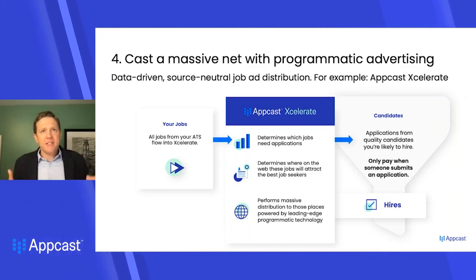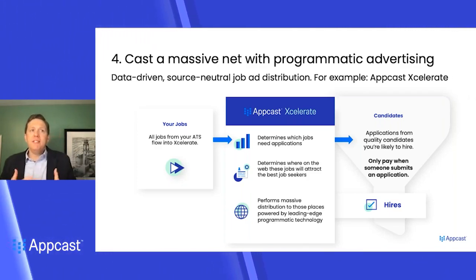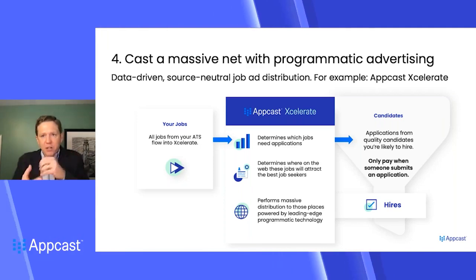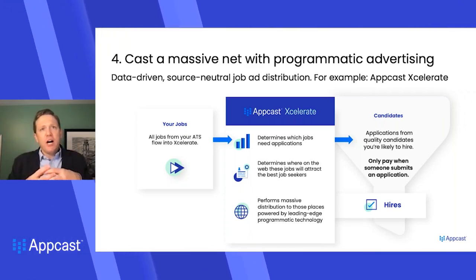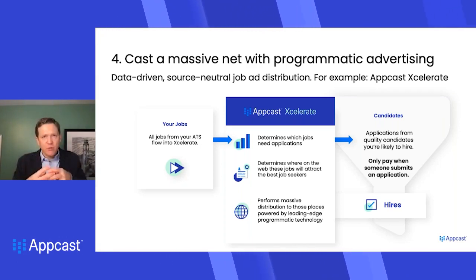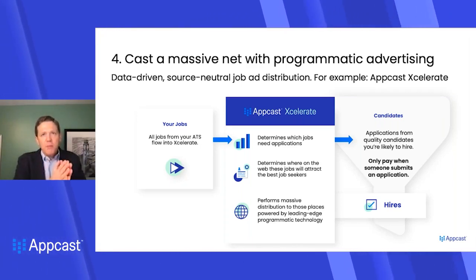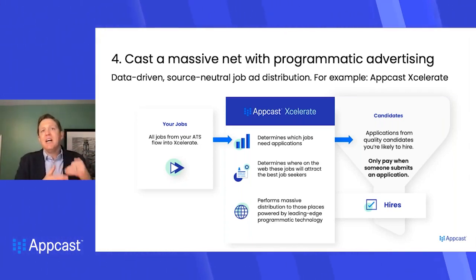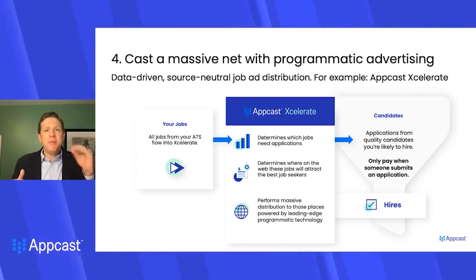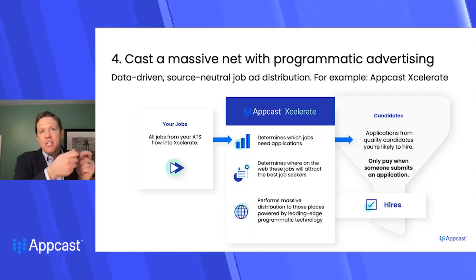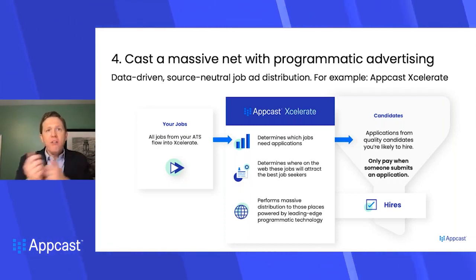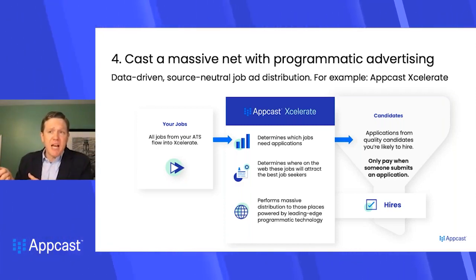This is Appcast, our product, Accelerate. What it does is it takes your jobs, it can integrate to your ATS, your applicant tracking system, will get the flow of jobs in Accelerate from your ATS, and it will determine which jobs really need more applications, because some jobs maybe just organically get a lot of applications. You don't need to spend money advertising for those roles. But other roles, or maybe it varies not by the job title, but maybe by the geography.